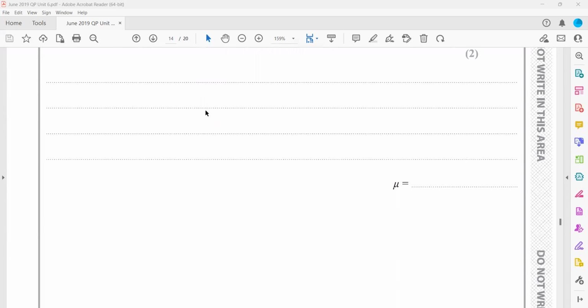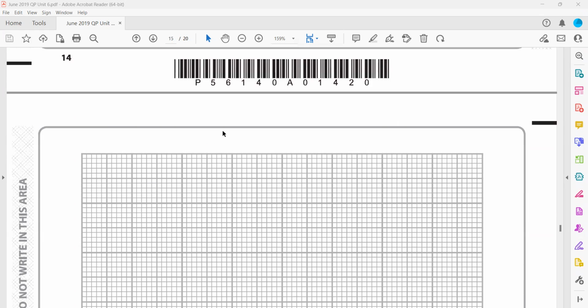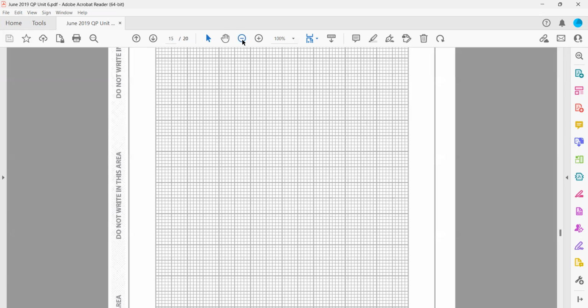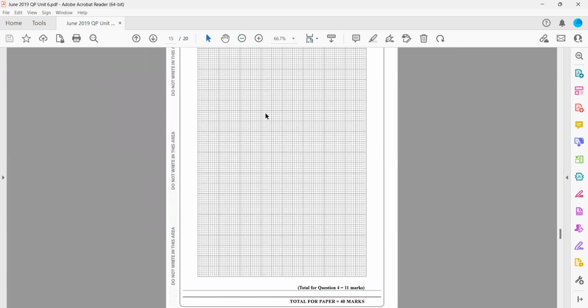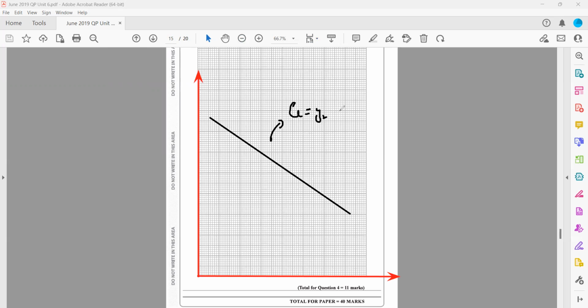How to determine mu? You have to work out the gradient. Ln C should be on the y-axis and x should be on the x-axis. When you plot the graph, it will look like this. Work out the gradient, y2 minus y1 over x2 minus x1.